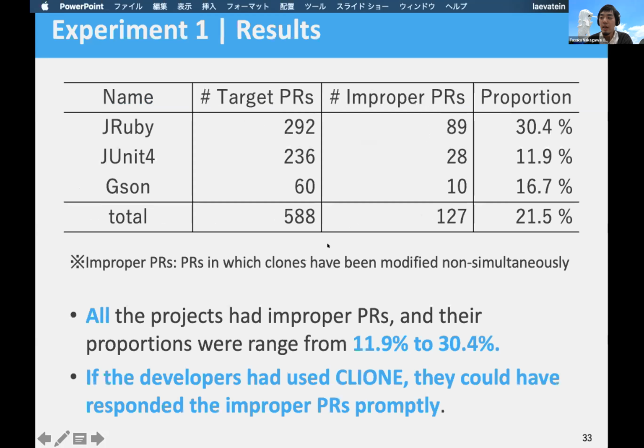In this table, improper PRs means PRs in which clones have been modified non-simultaneously. As a result, we found that all of the target projects include improper PRs, and their proportions ranged from 11.9% to 30.4%. Thus, if the project developers had used CLIONE, they could have responded to the improper PRs promptly.